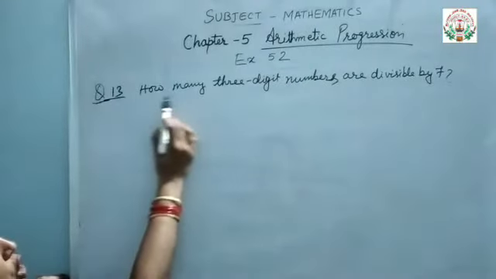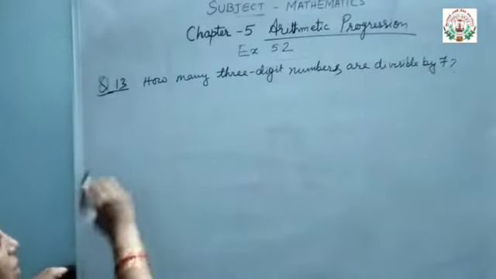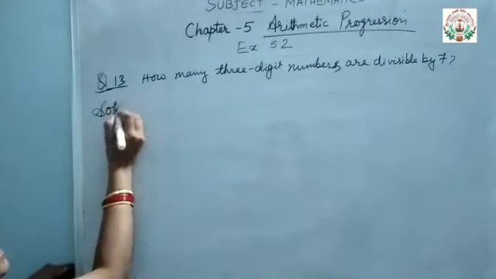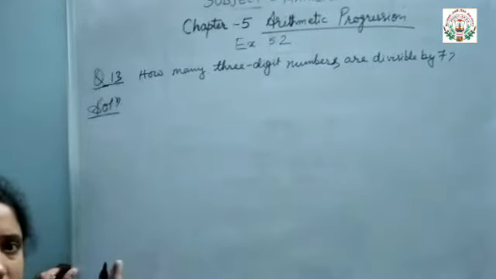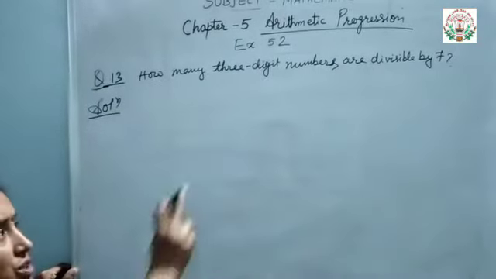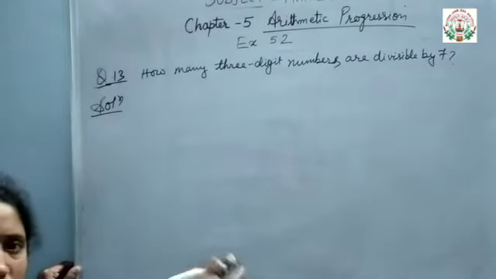Number 13: how many 3-digit numbers are divisible by 7? Okay, now solution: 3-digit numbers start with 100, we know. 100 is a 3-digit number, but we know that 100 is not divisible by 7. 101, 102, likewise you check.